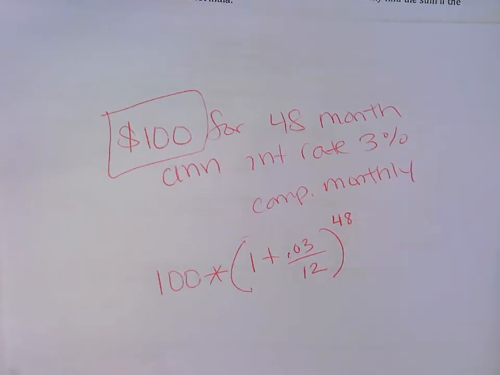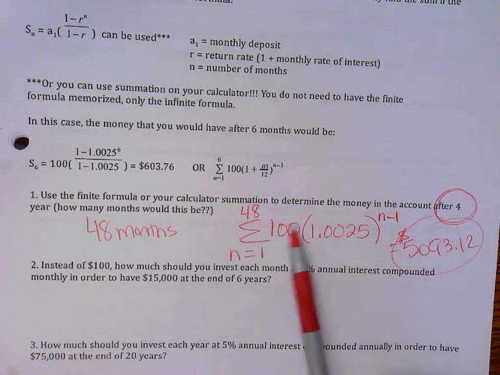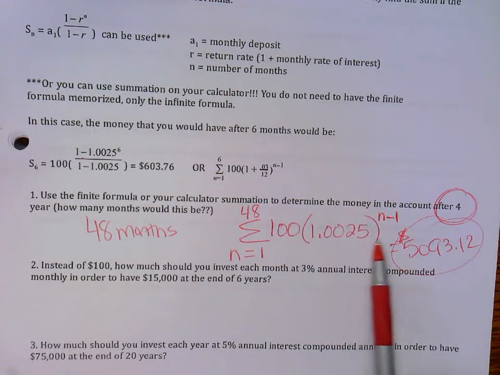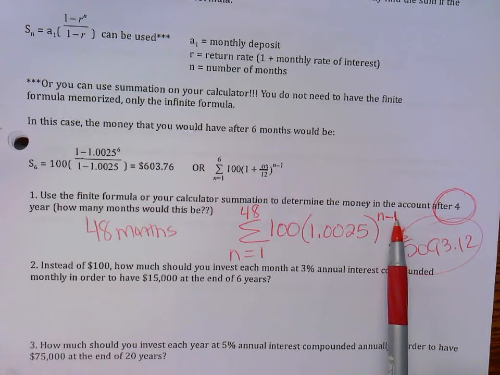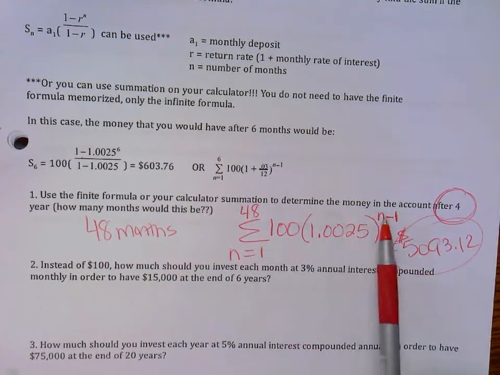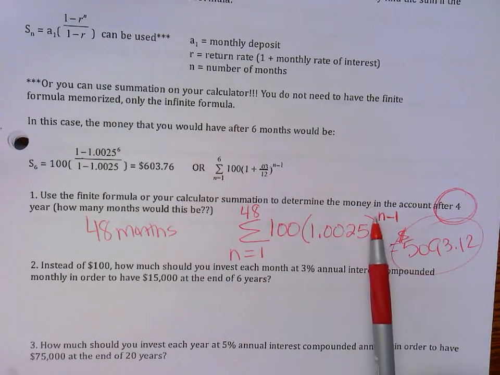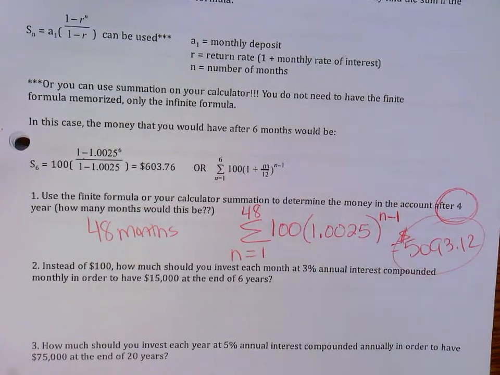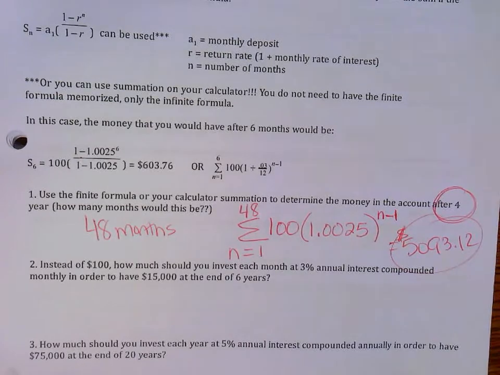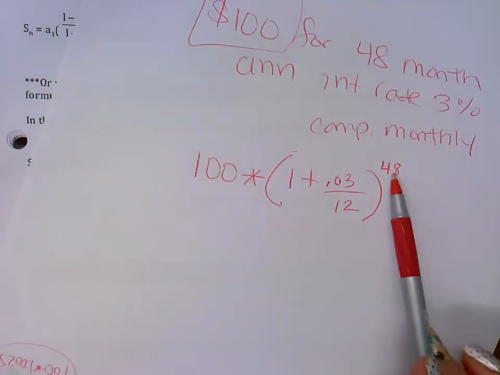I want you to notice inside your summation, the number 48 doesn't go anywhere, right? This has to be n minus 1 so that you can plug in 1, plug in 2, plug in 3. If you do a fixed number right here, it's not going to do a summation for you over time. So the 48 is represented differently in a summation than in a one-time investment.